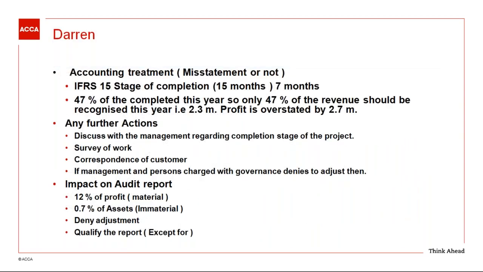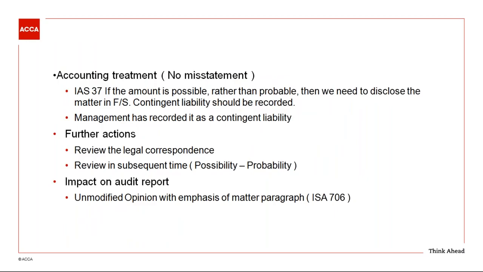This is the format that you should follow: accounting treatment, any further actions and impact on the audit report. The important thing is that you have to subdivide the requirement. You have to identify the sub-requirements in a big requirement. This is important. This is part B. The same format was applied twice.